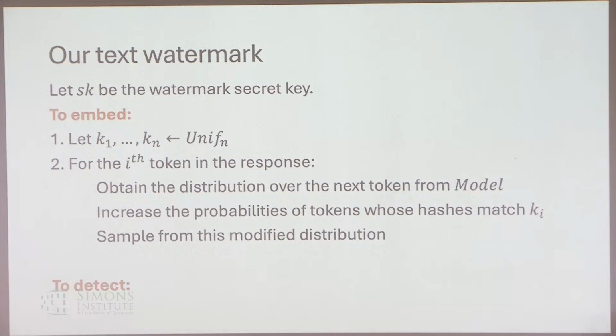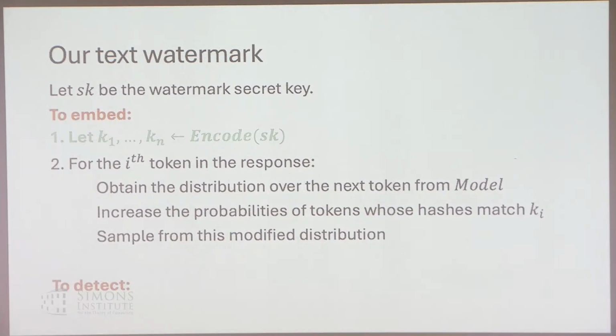And so if you replace them with pseudorandomness, in particular with the pseudorandom codeword, now this whole process is computationally indistinguishable from the original one. And you'll also notice that the hash of the token that we sample has some correlation with k_i. Like more than half the time, it will be the same.